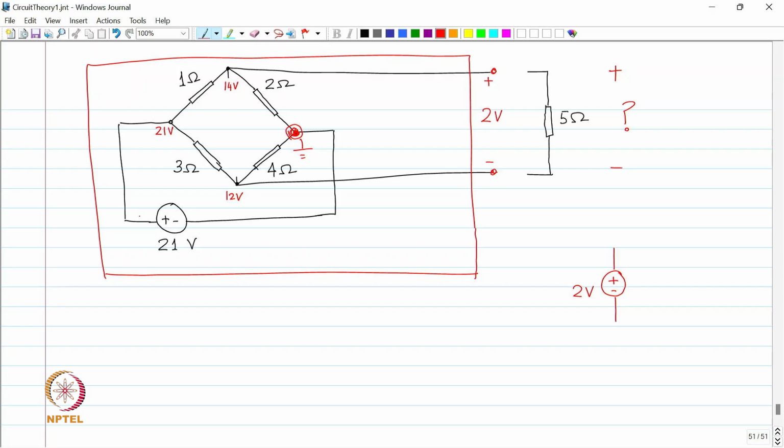So, I simply short it, which effectively means I connect these two together, and then I look into the circuit from outside and measure with a multimeter what is the resistance, or I could provide a voltage and measure the current, whatever works.